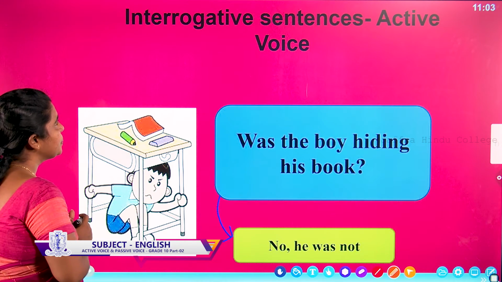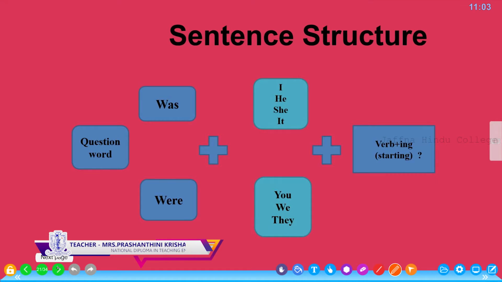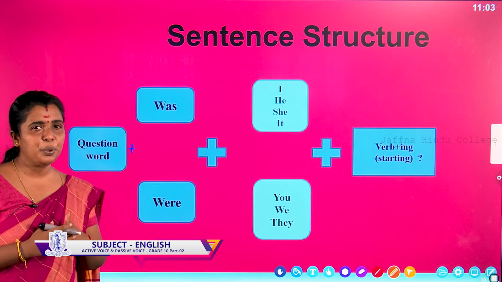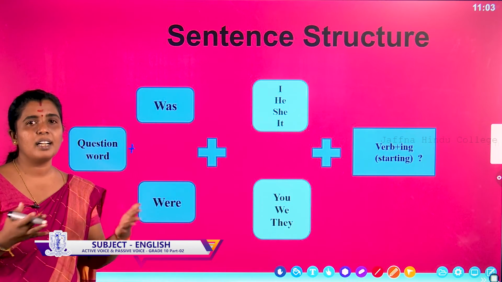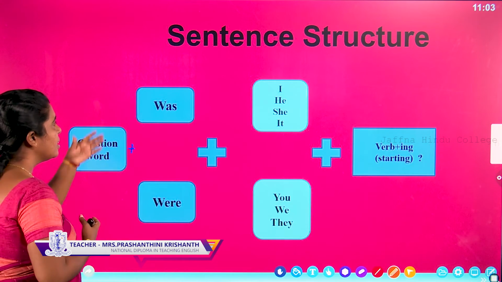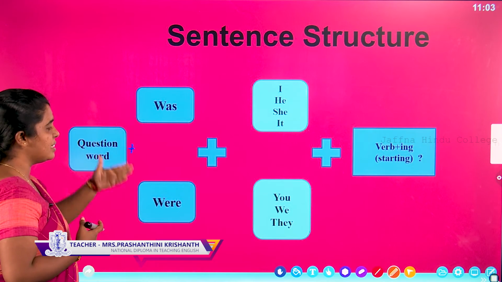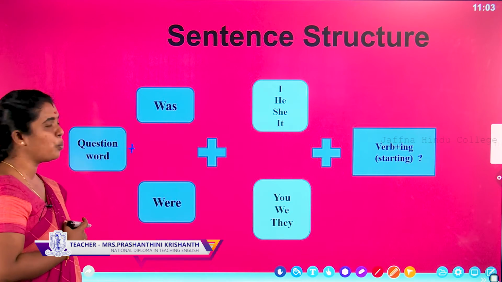See this one, the structure of the pattern. Question word should come first, right? If it is a question word, it should come first. Question word, you know, what, who, when, why, where and how, like that. Next, we have to add the helping verb, was or were.